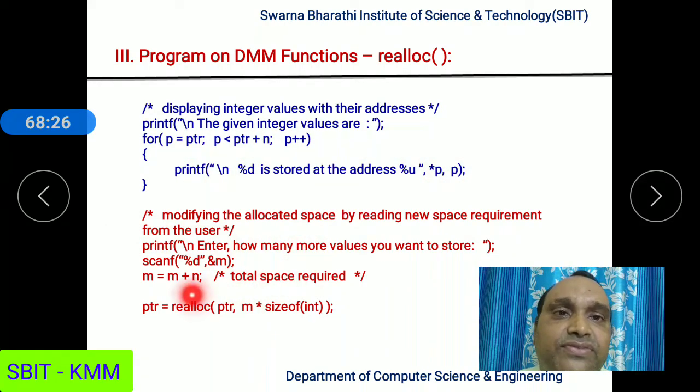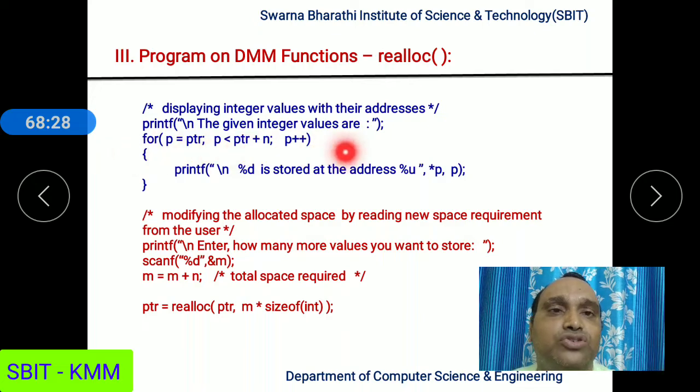Here there is a difference. Previously we stored only 5 integer values. Now the user came to know that a few more values are there to store. So here we are asking the user to enter how many more values he wants to store. Previously he entered that only 5 integer values were there, and he entered the n value as 5.